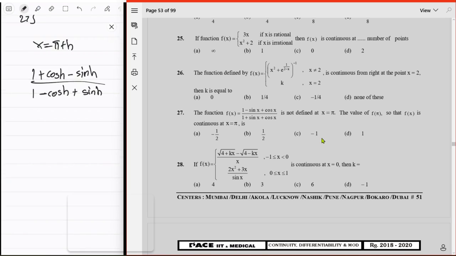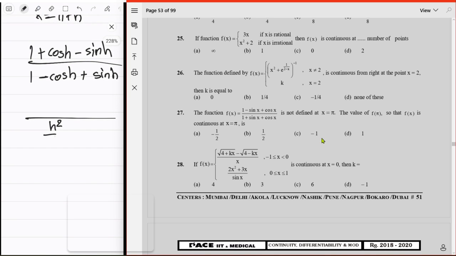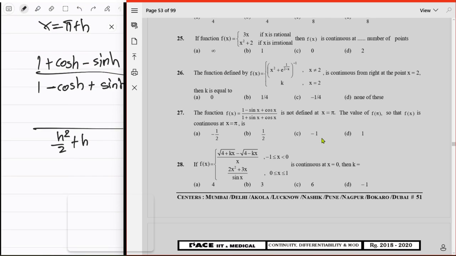That's good. And then just use Taylor expansion. So this will be like h square upon 2. This is plus h over there. This doesn't actually matter in front of this thing. Okay. 1 plus cosine of h is like 1, and then you got plus 1 minus h square upon... That is plus, right? Or what? So when you put pi over there, just 1 minus 1.